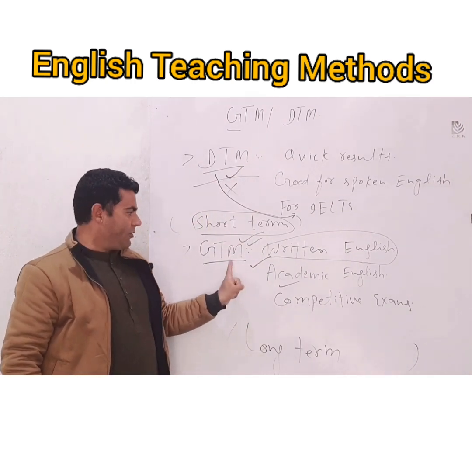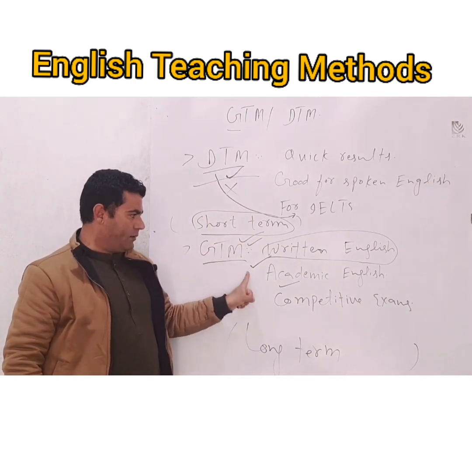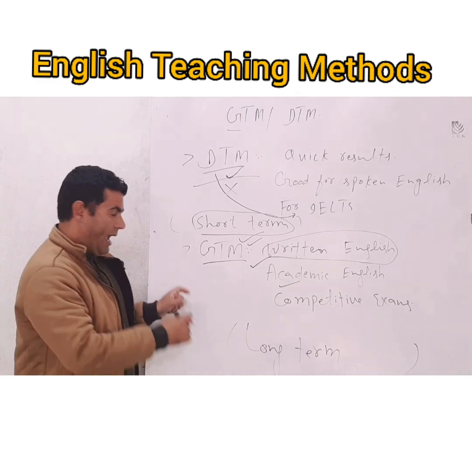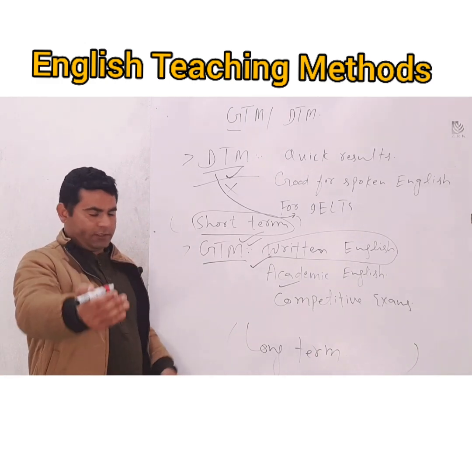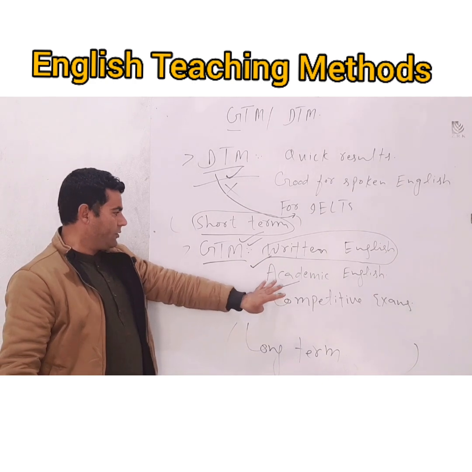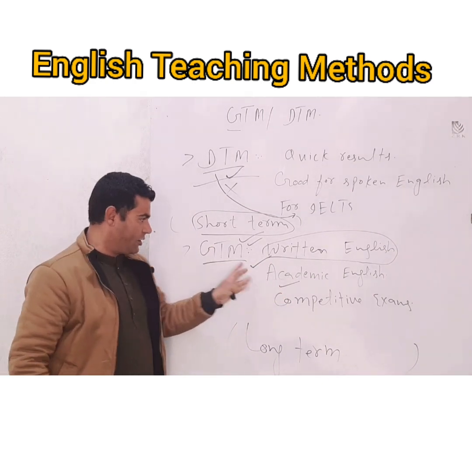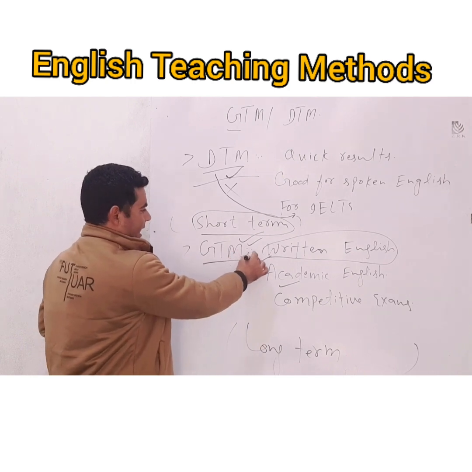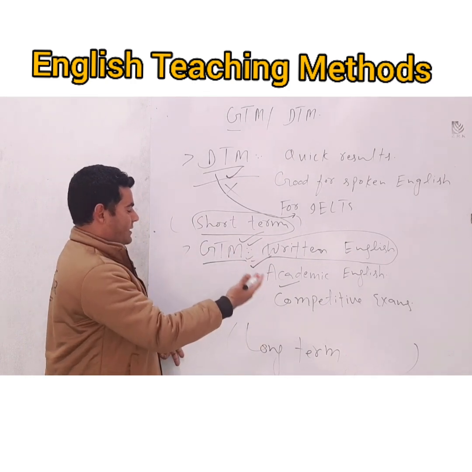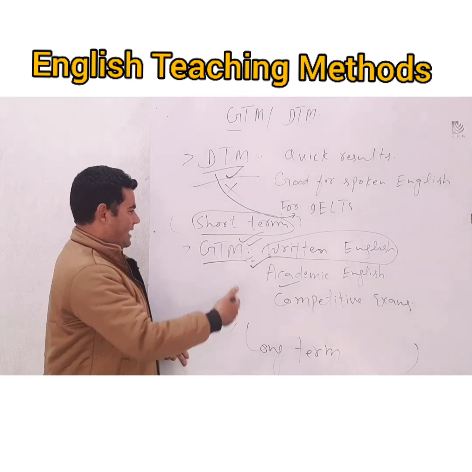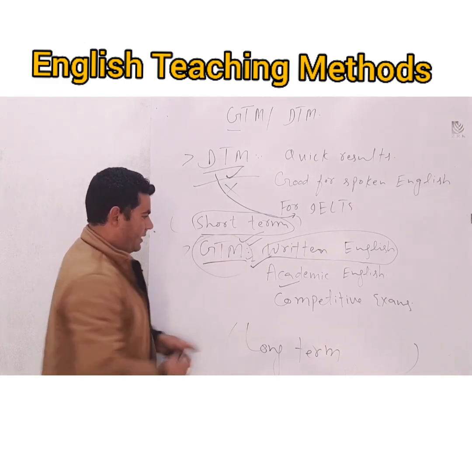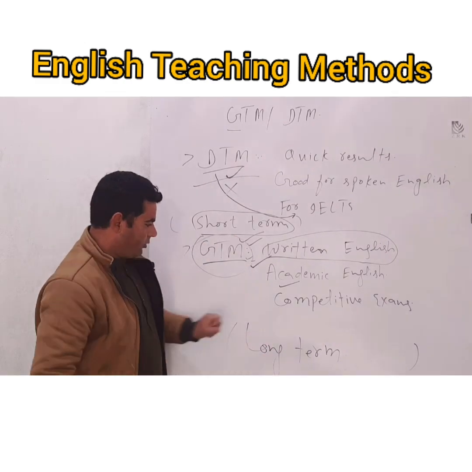If you want to appear in CSS and PMS exams, and even MDCAT also, you will have to go through GTM. So academies which are preparing students for competitive exams have to follow GTM. And it's long term as well.